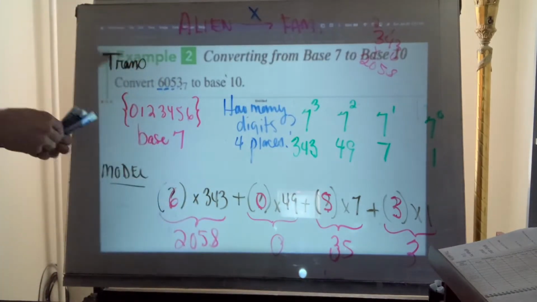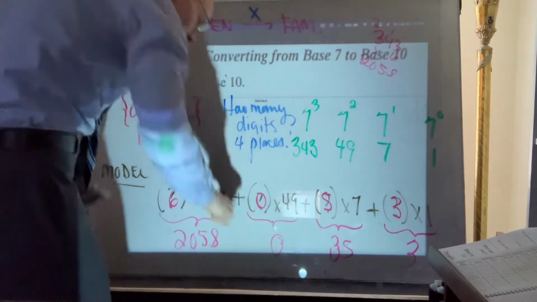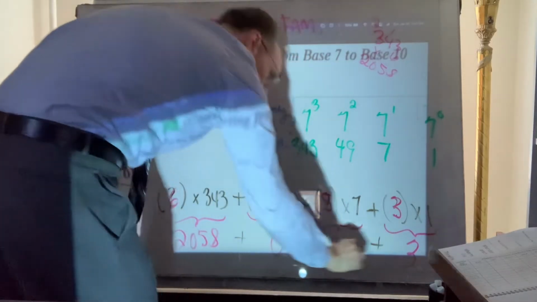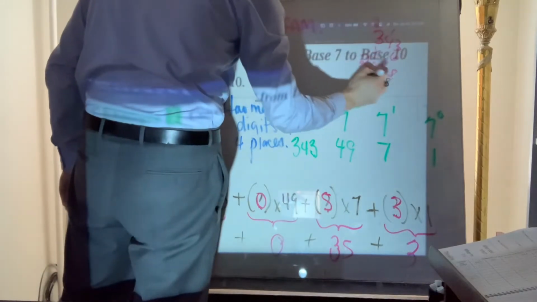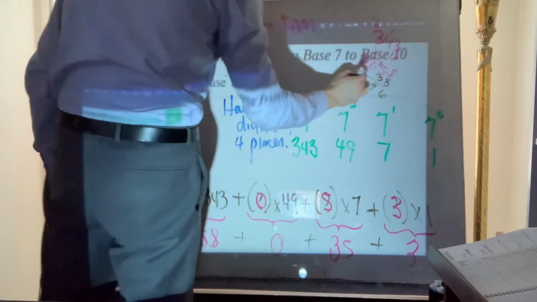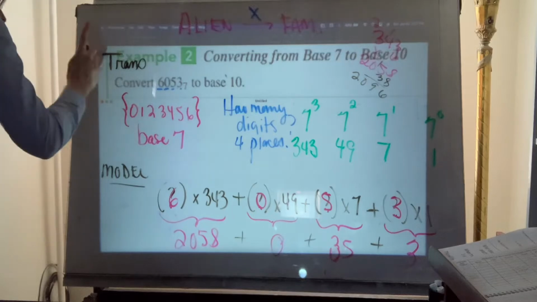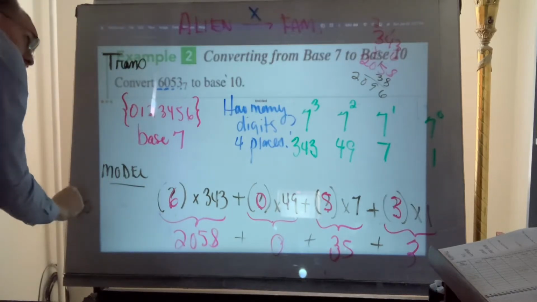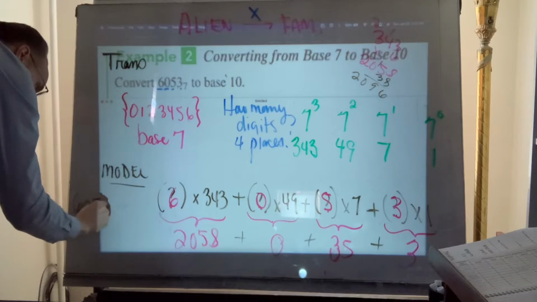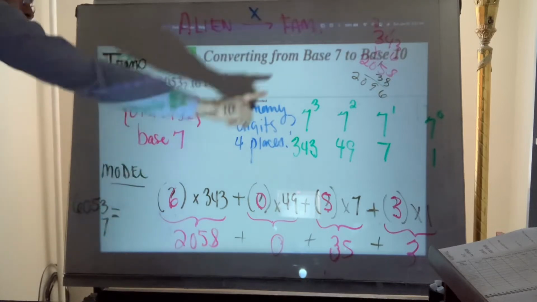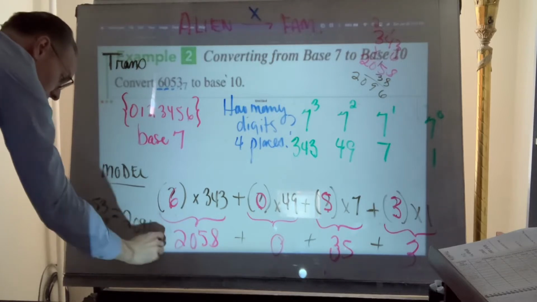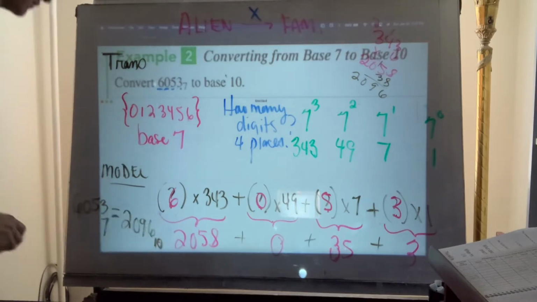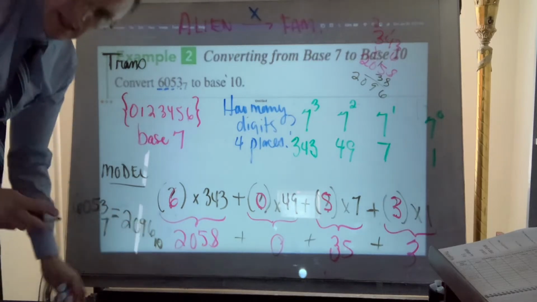Right. And we would naturally have to add these now. All right, so 35 plus 3 would be 38. The number 6053 in base 7 should be equal to, I'm predicting, 2096 in base 10. Remember, these subscripts that are the bases are just a label, right?